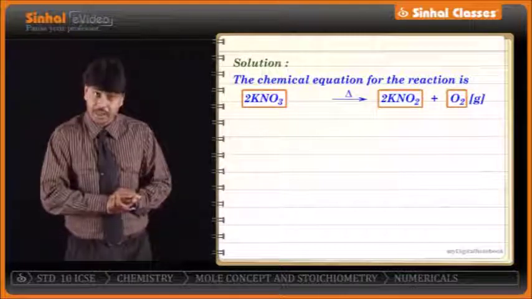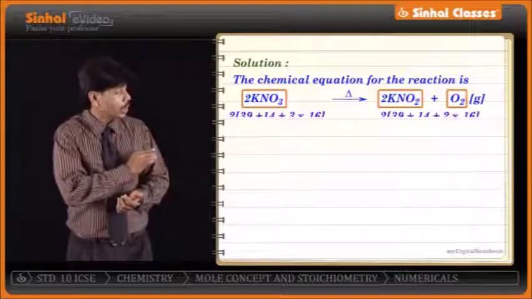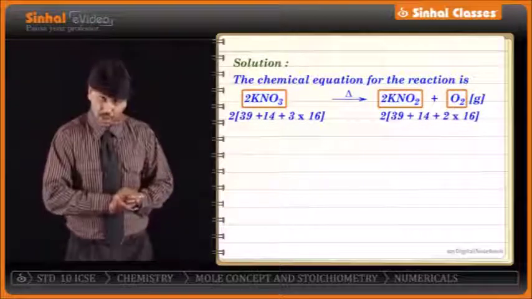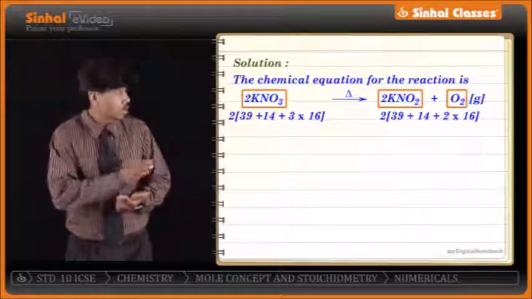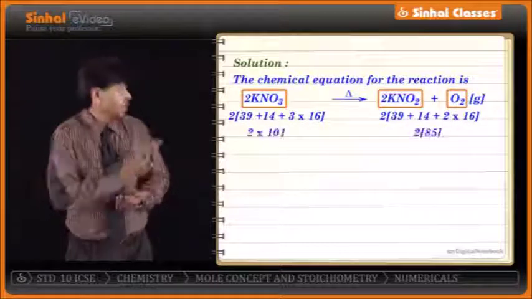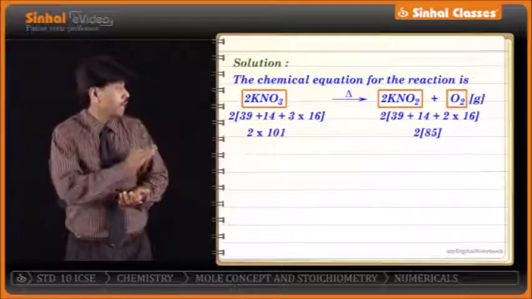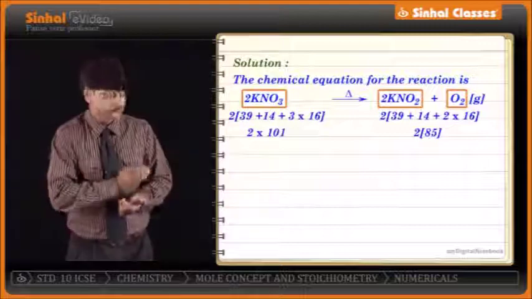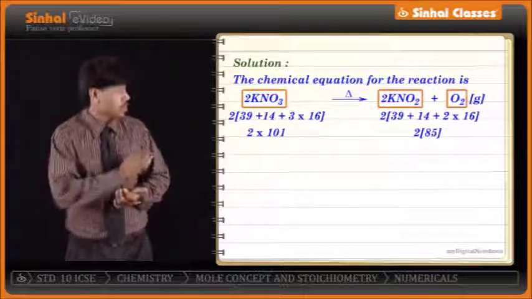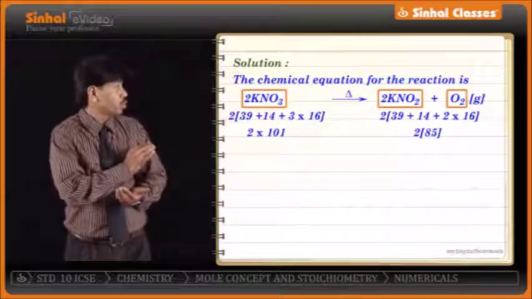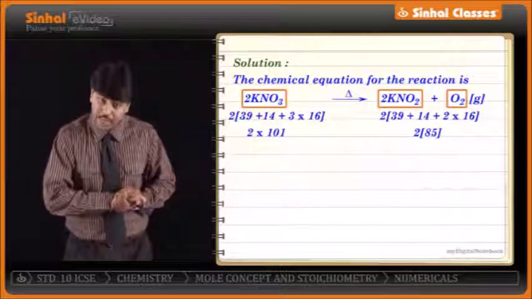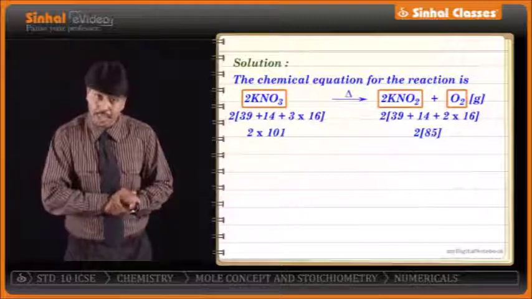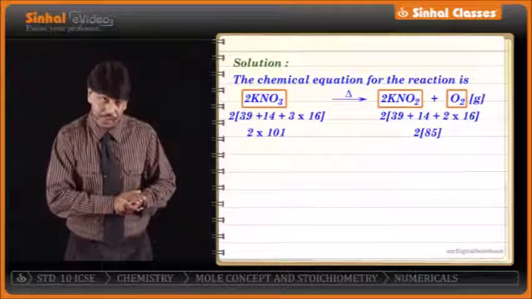Let's calculate the weight of KNO3. 2 into bracket 39 plus 14 plus 3 into 16 bracket closed, 2 into 101, whereas let's take the weight of KNO2, that is 2 bracket 39 plus 14 plus 2 into 16 bracket close, that is 2 into 85. 2 into 101 is of KNO3, whereas KNO2 it is 2 into 85.